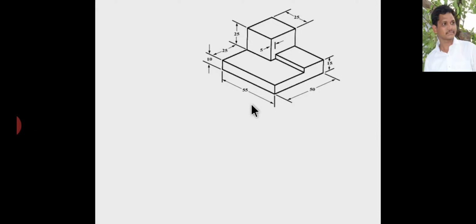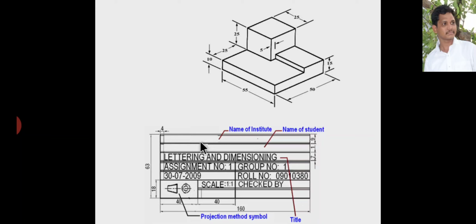So you have to take original dimensions as drawing dimensions. So on drawing sheet you have to represent the scale value, that is a scale equal to 1:1. Okay, 1:1 means the size of drawing equal to size of original object.